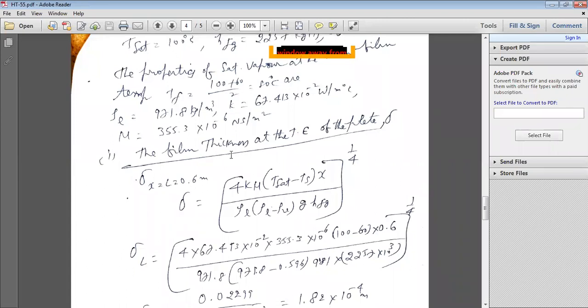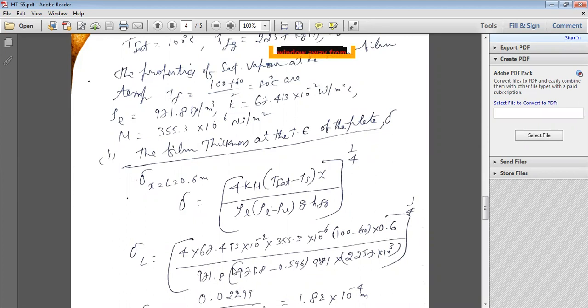That is why you have to calculate the film thickness at the trailing edge of the plate. Divided by density of the liquid 971.8 into (rho L, 971.8, minus rho V, density of vapor, 0.596). When compared to 971.8, 0.5 is very small. You can neglect this one.